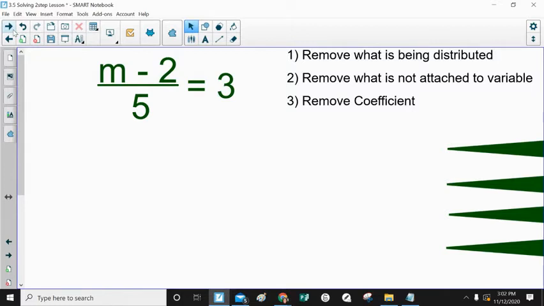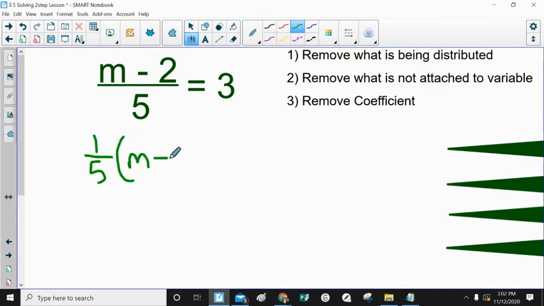So with the green equation, I have a number that is not attached to the variable, my minus 2. I don't really have a coefficient because there is nothing in front of that m, but I have something being distributed in the equation. I can rewrite this problem and take this denominator and pull it out and rewrite my problem this way.